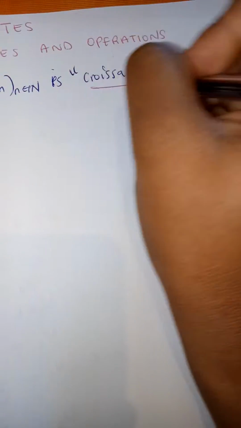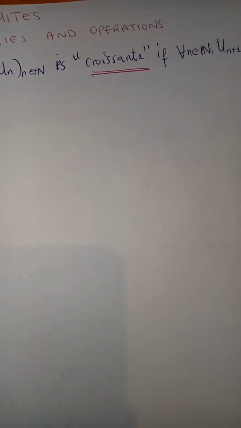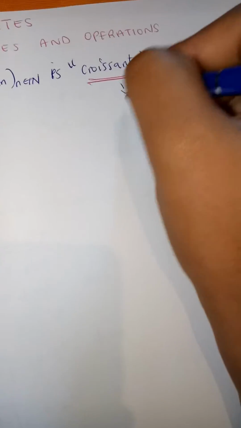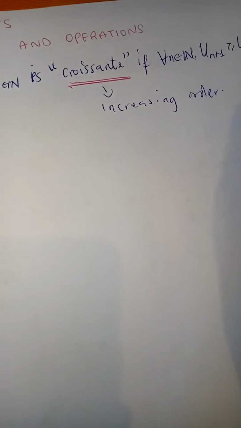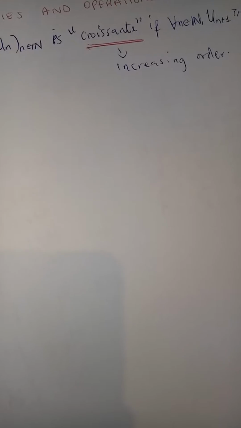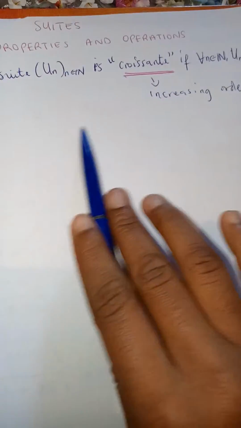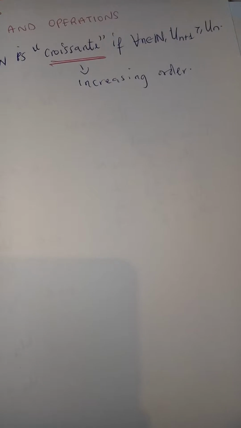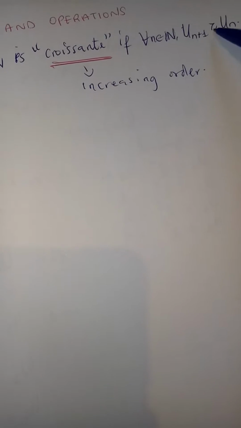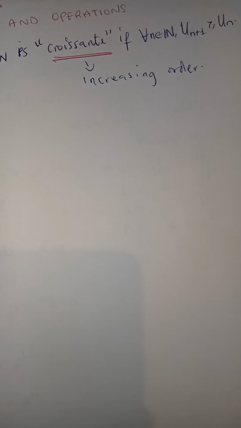Now, a suite is said to be croissante, in increasing order. So a suite is said to be in increasing order if for every n in grand N, Un+1 is greater than or equal to Un.